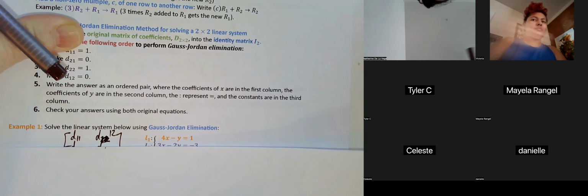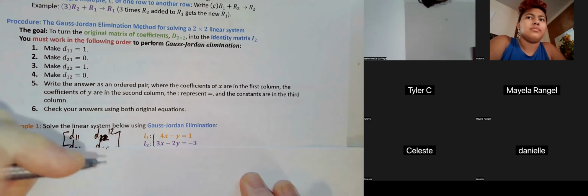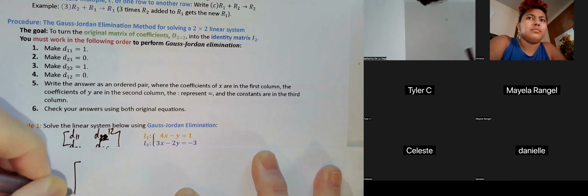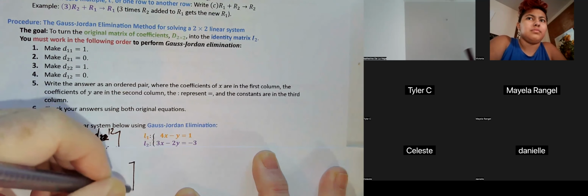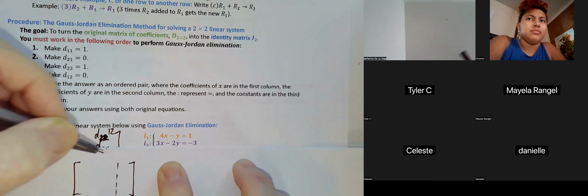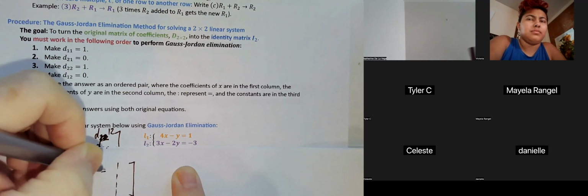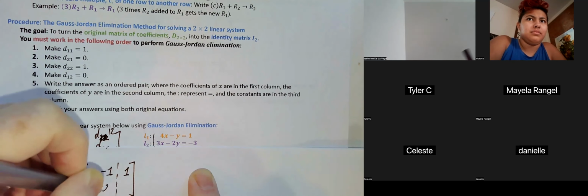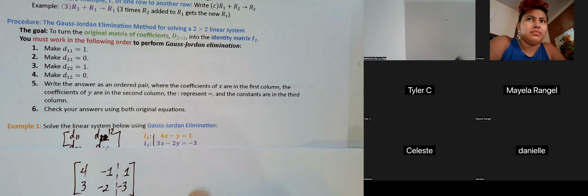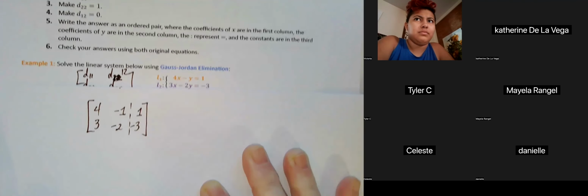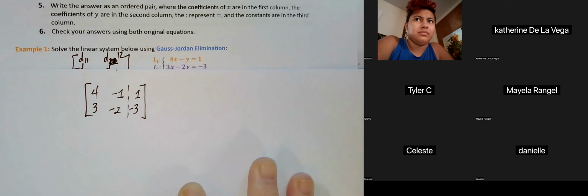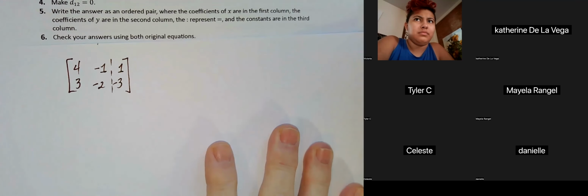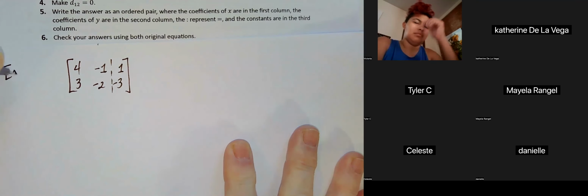And using that order, we see that our initial matrix is 4, -1, 1, 3, -2, -3. So what is a good way to start?